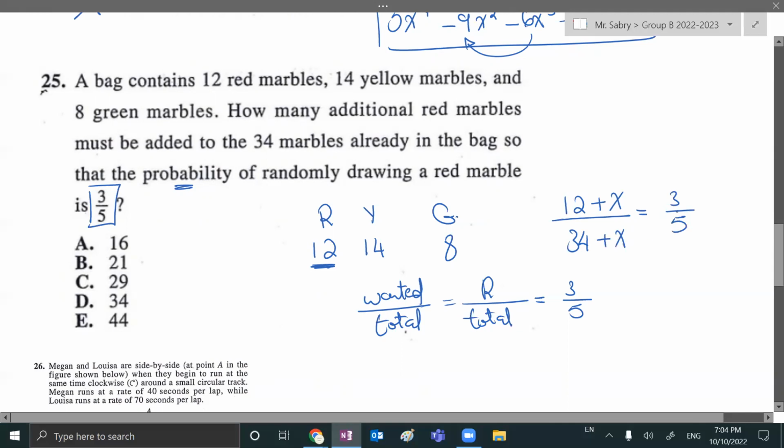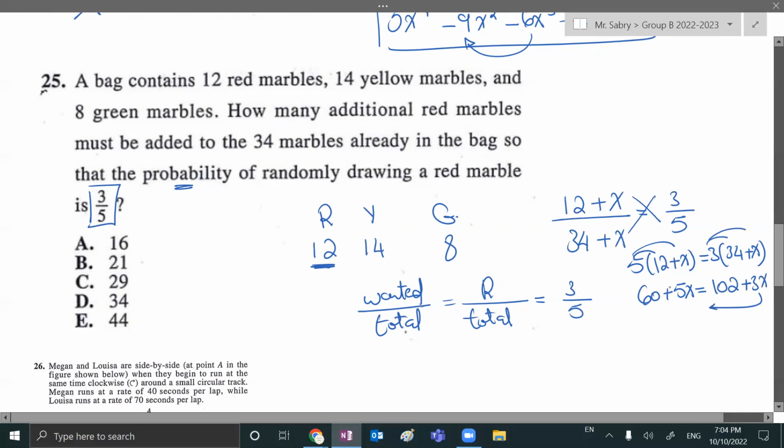To find the answer, I'll just cross multiply to find the value of x. I'll put 5 multiplied by 12 plus x equals 3 multiplied by 34 plus x, or you can just go for shift solve right away. If you do it the longer way using algebra, this will become 60 plus 5x equals 102 plus 3x.